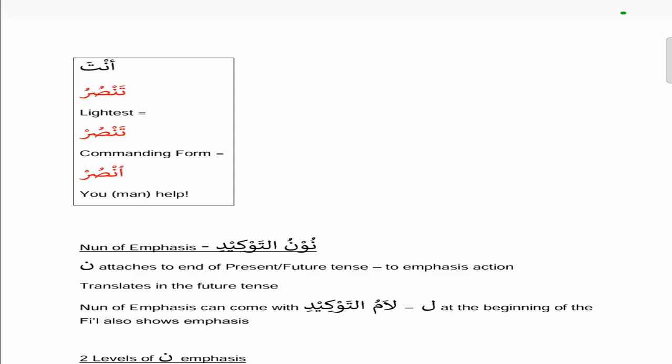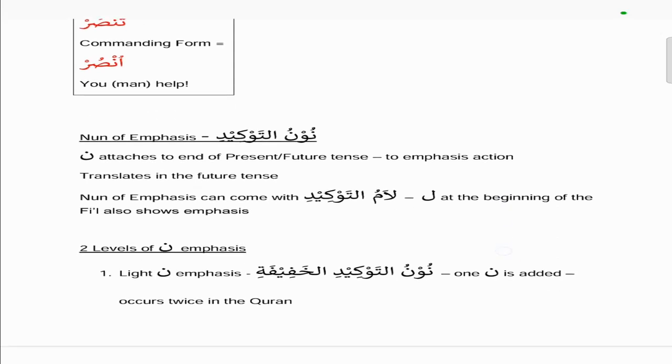But because the new first letter, the noon, has a sukoon on it, we have to add an alif. And in the original huwa version, the second to last letter, which is the sad, has a dhamma on it, so the alif will take a dhamma, so it will become unsur, which means you man, help.